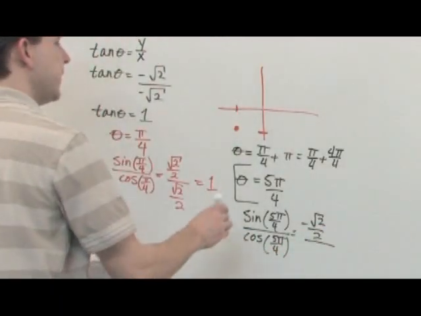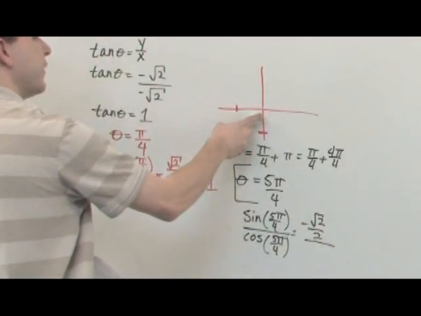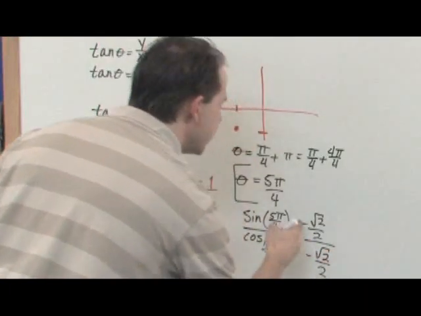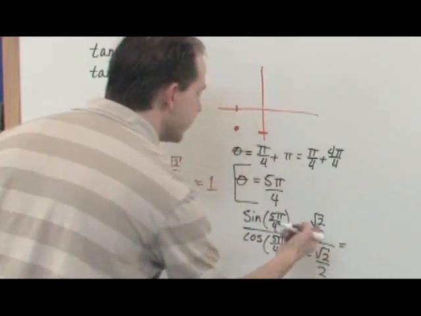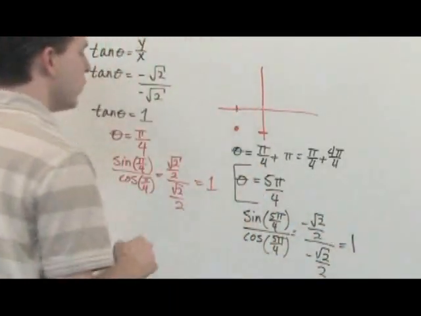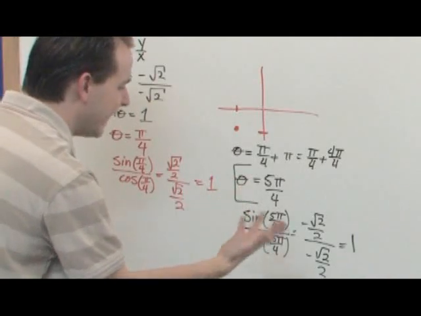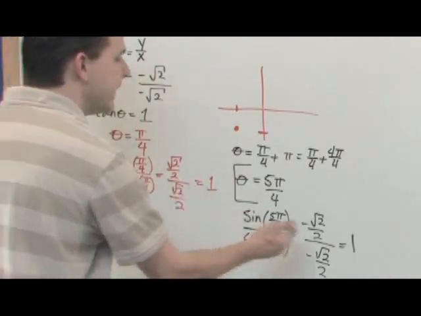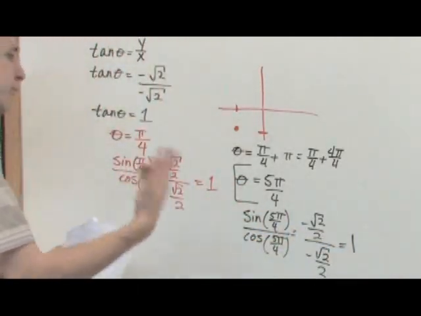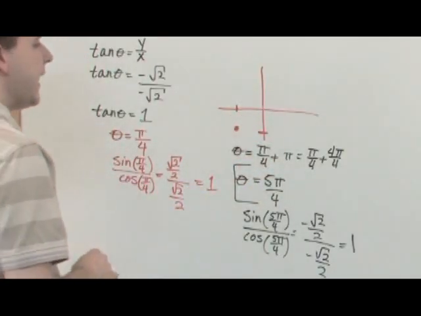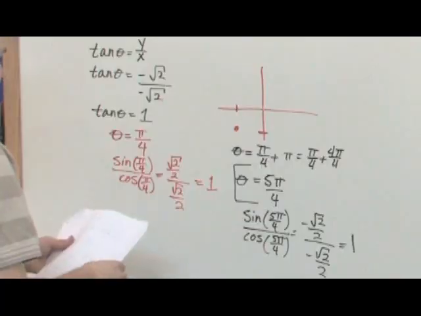And the cosine, again, mapping it over here, is also going to be negative: negative square root of 2 over 2. Negative divided by negative gives me a positive. So this is going to give me a positive 1. So what I've found here is that the sine over cosine, which is the tangent of this angle that I have found, is equal to 1. I'm proving it to you. I'm showing you that this angle also has a tangent equal to 1, and it's in the proper quadrant. So you have to be on the lookout for that.